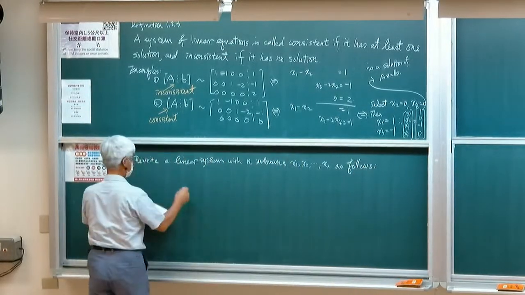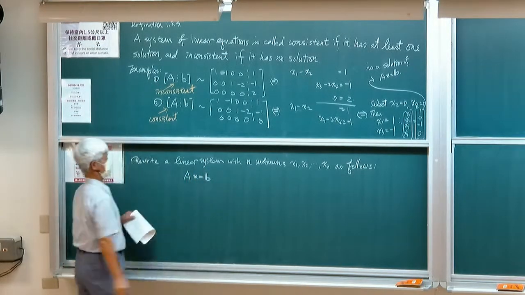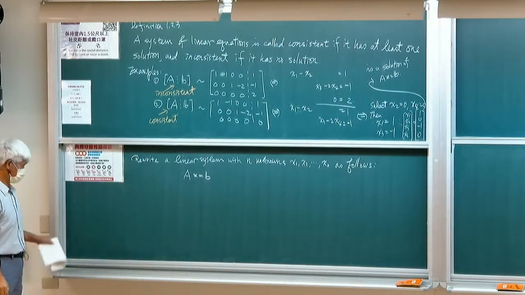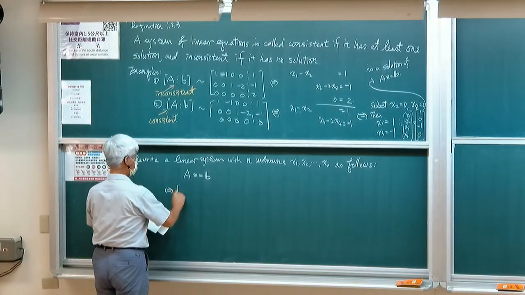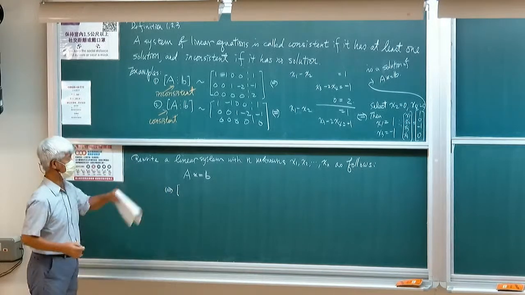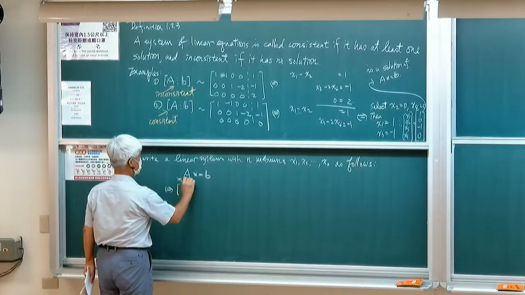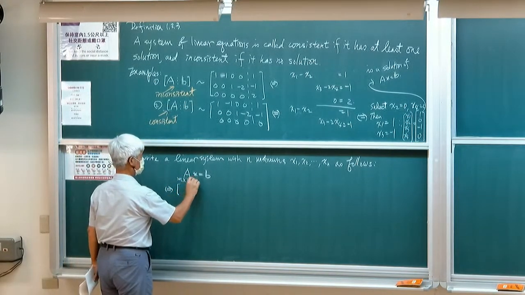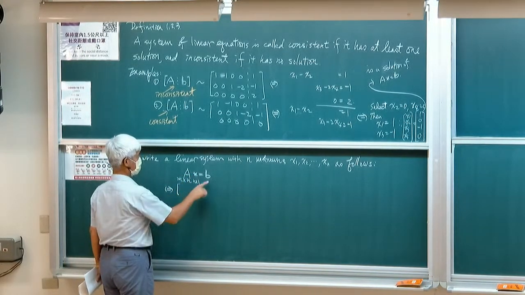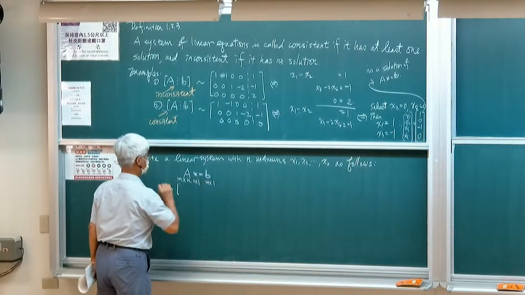So this is our linear system. Because we have n unknowns, the size of the matrix is m times n, the unknown vector is n times 1, and the right-hand side vector would be m times 1.